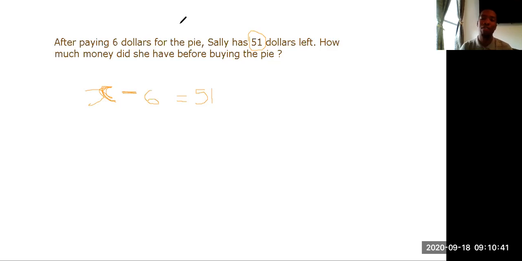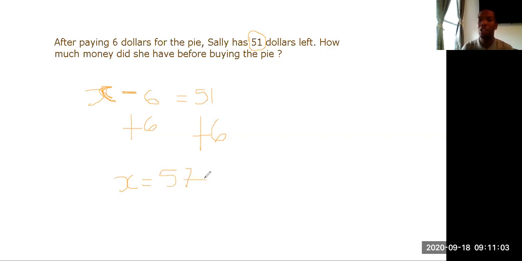Now we go into solving this equation. When we look at this equation, we add 6, because I'm trying to find X. So X is equal to 57.